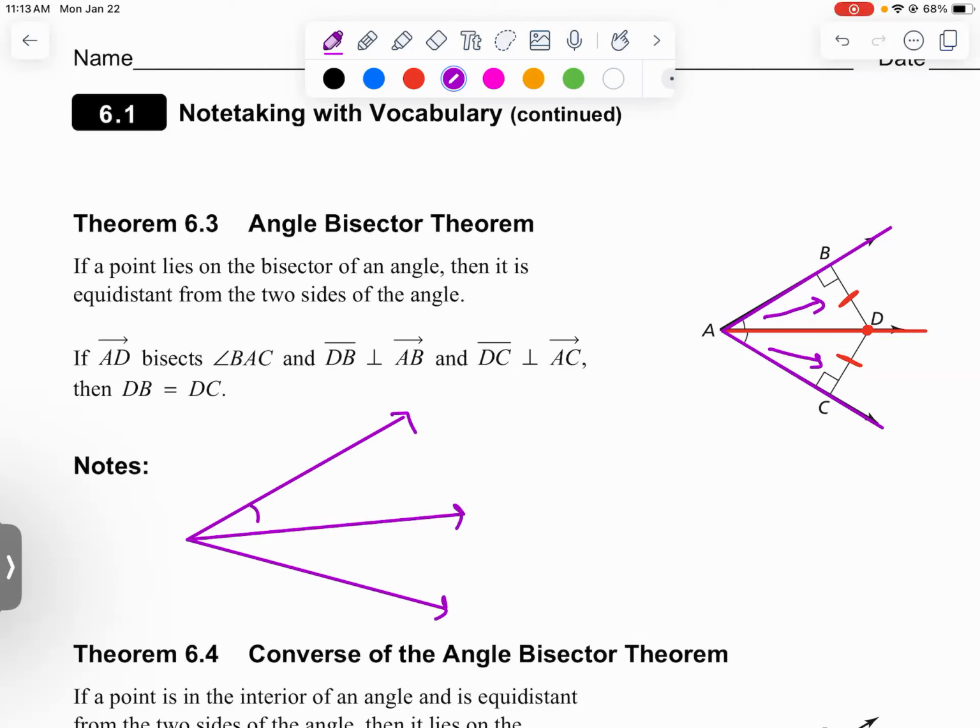Okay, so we have an angle bisector. There we go.